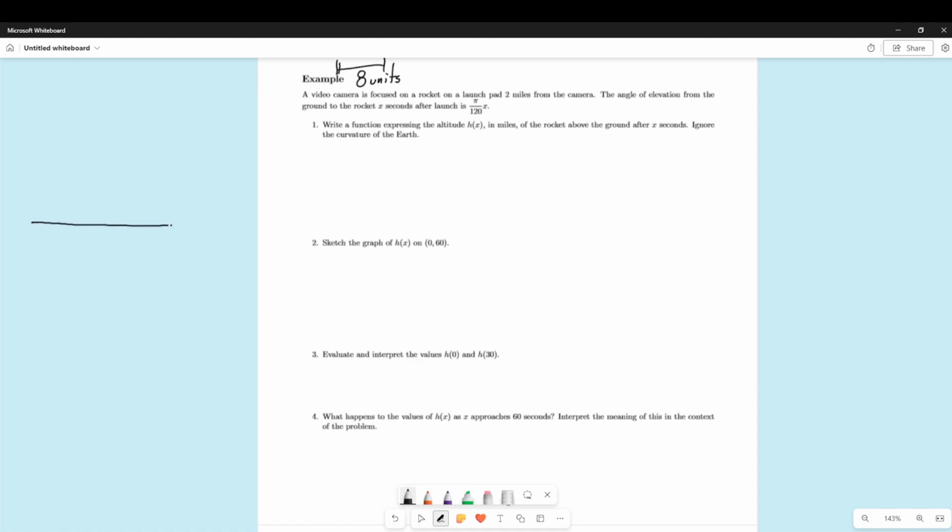So if we've got a nice rocket being launched over here, and that's 2 miles away from some camera location. As the rocket launches, the camera is supposed to track it as it increases in height. It's hard to draw that when the screen's not showing it.